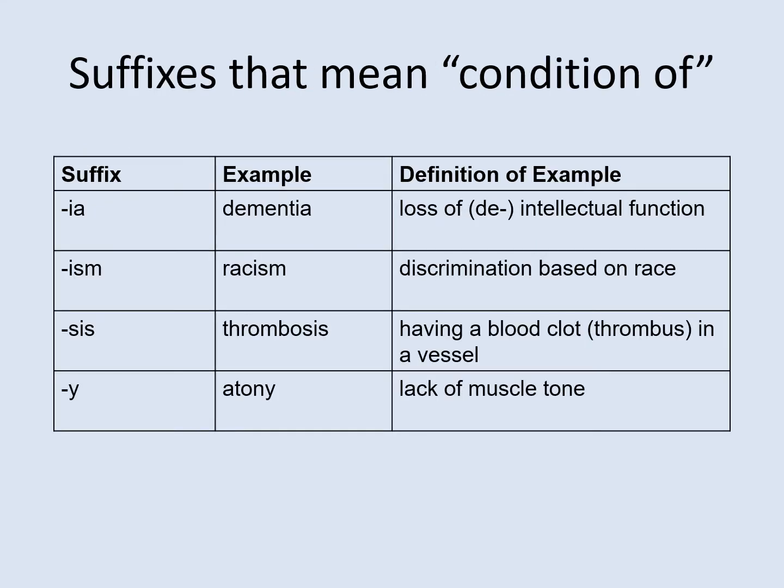These are examples of suffixes that mean condition of: ia, as in dementia, condition of loss of intellectual function; ism, as in racism, discrimination based on race; osis, as in thrombosis, a blood clot in a vessel; and atony, a lack of muscle tone.